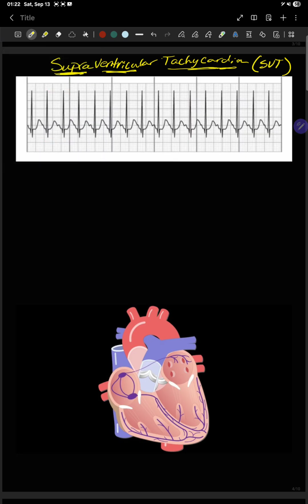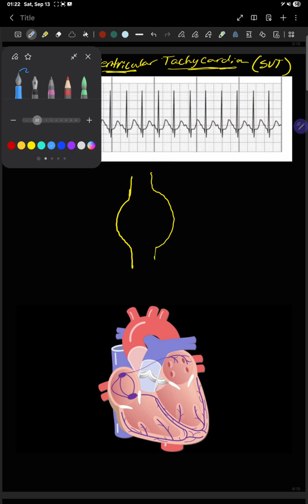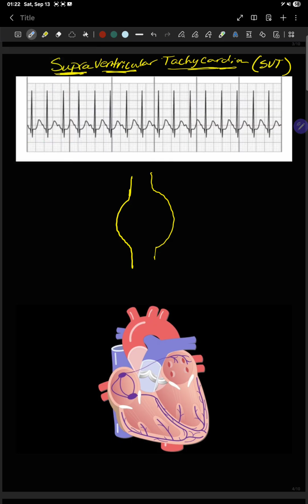So this is a close-up of my AV node. Okay, and I have 2 pathways in the AV node. I have one, and it's called my slow pathway. And I have another one, and this is my fast pathway right here.